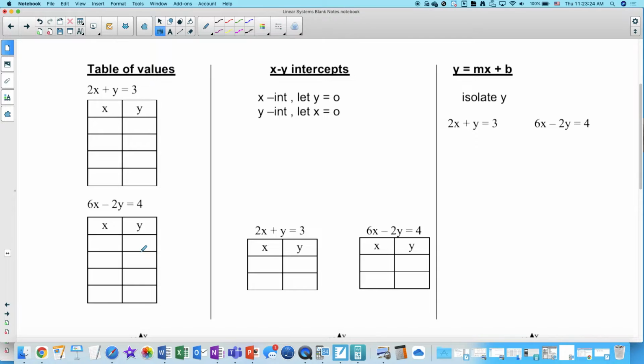So the idea with the table of values, you plug in a bunch of x values, and then you use the equation to figure out the y values, and you plot those points, okay? We've now learned how to graph either using intercepts or to put the equation into slope-intercept form. So I'm going to skip this one because this is not efficient.